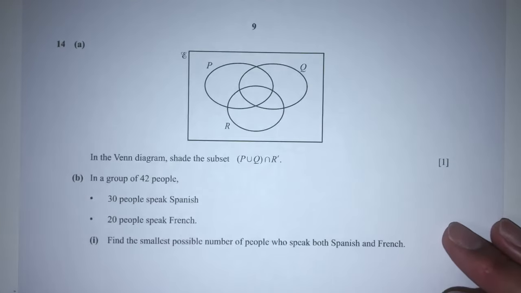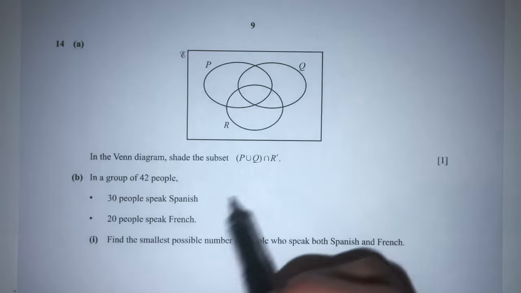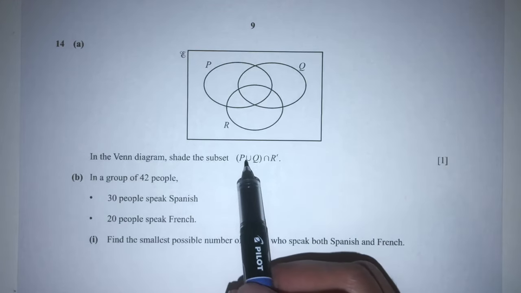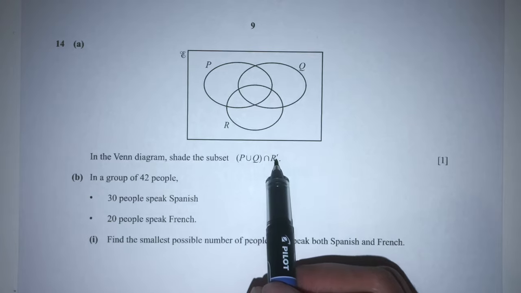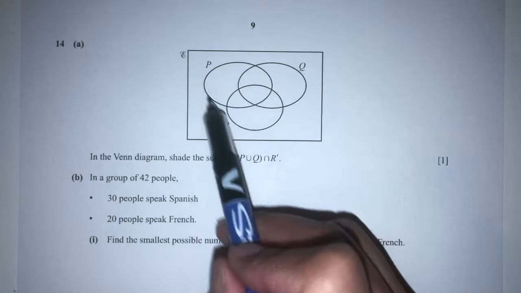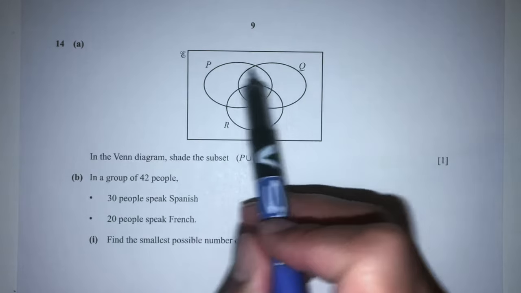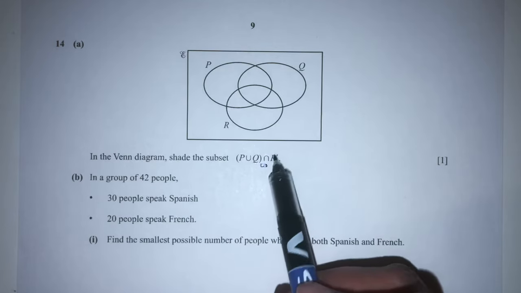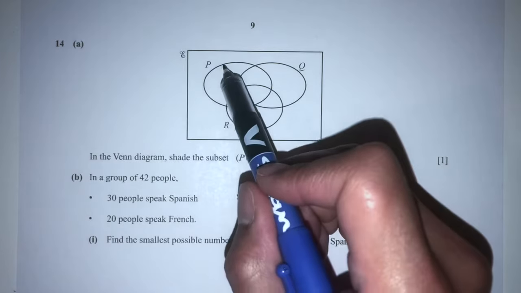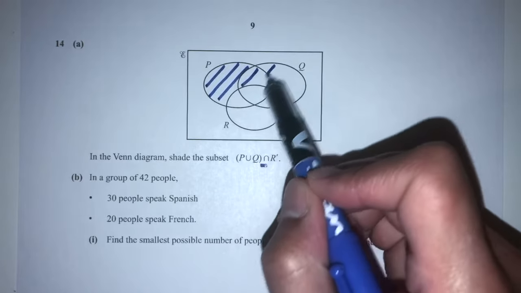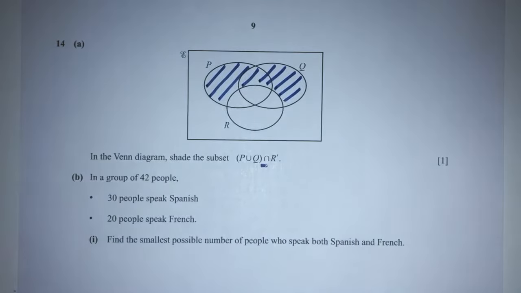Now, question number 14, we have a Venn diagram. We have to shade the subset P union Q intersecting R prime. So P union Q, these two together, intersecting outside of R, will be P union Q but not R. That's what it means.